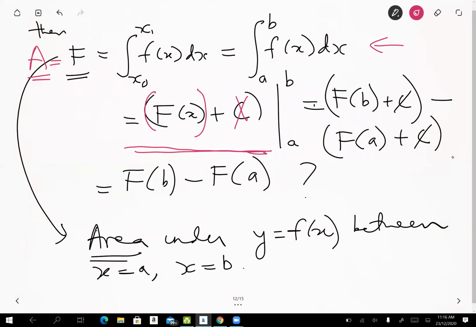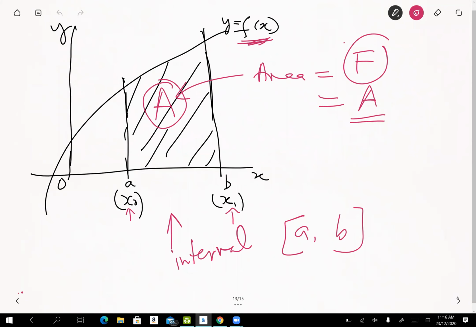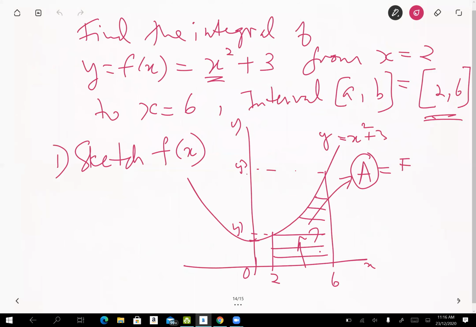So now what do you get? Anybody who gets the integral? Just tell me the integral. Where was the function? Okay, the function is x squared plus 3.